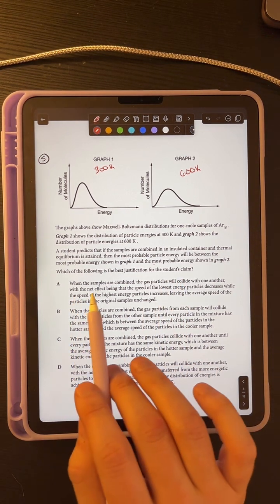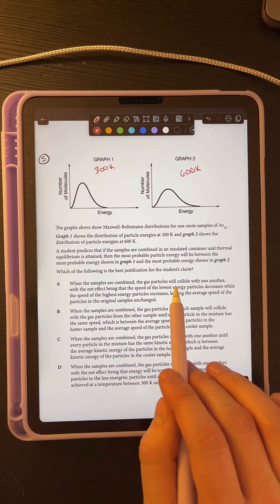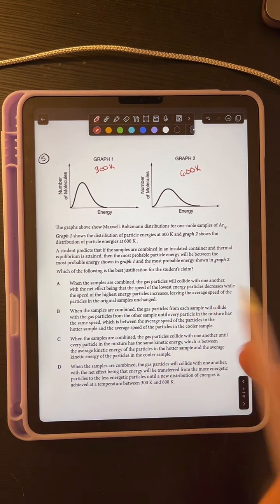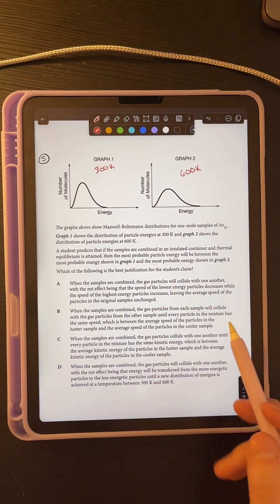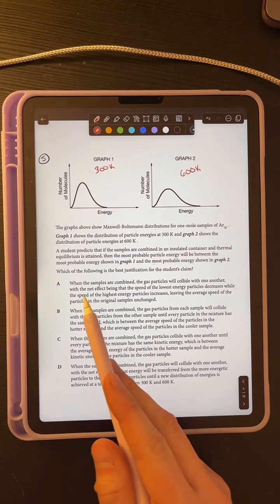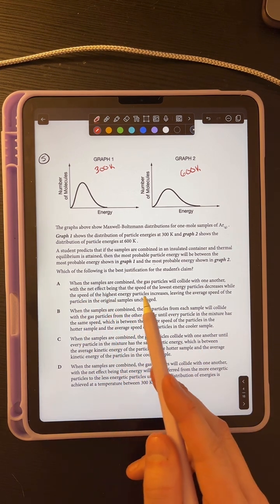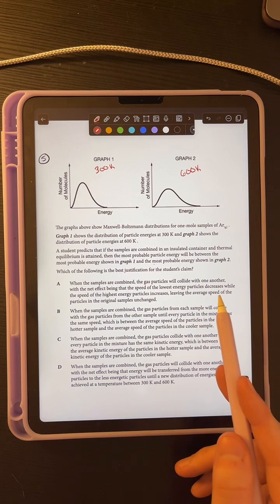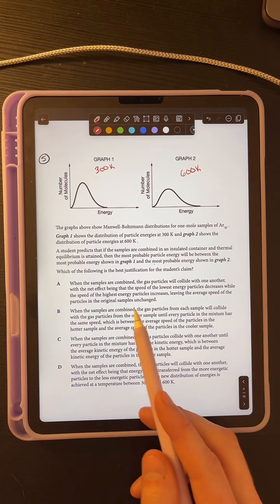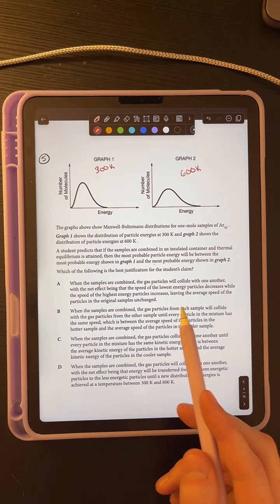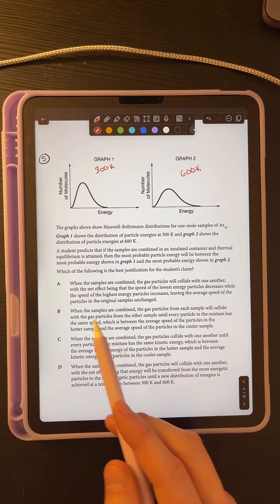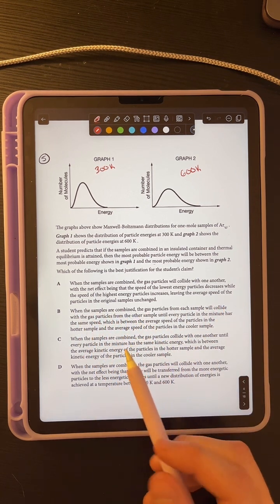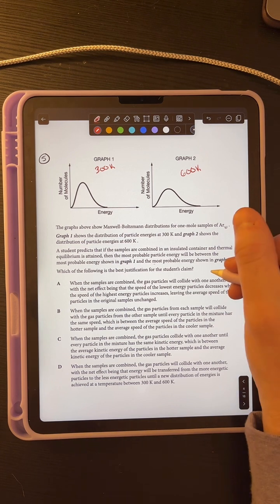Okay. When the samples are combined, the gas particles will collide with one another. We know that that's true. With the net effect being that the speed of the lowest energy particles decreases while the speed of the highest energy particles increases, leaving the average speed of the particles of the original sample unchanged. Well, let's sort of imagine that.